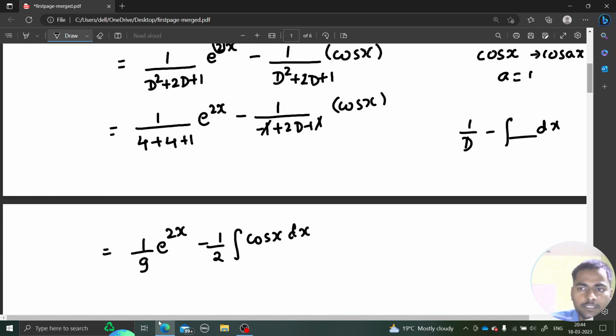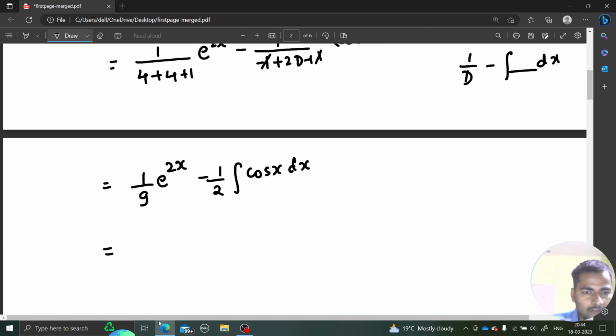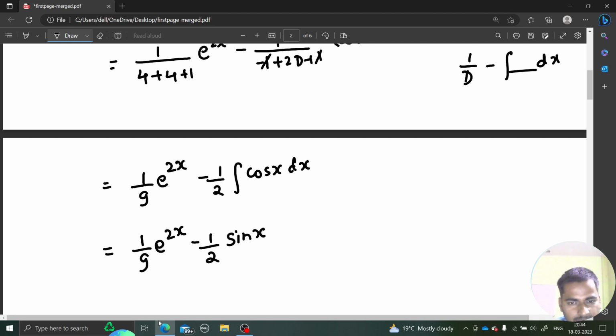Fine. So 1 by 9 e power 2x is simplified. Now the integral of cos x: the derivative of cos x is minus sin x, but the integral of cos x is sin x. So you will simply get 1 by 2 sin x. That's it. This is your particular integral.